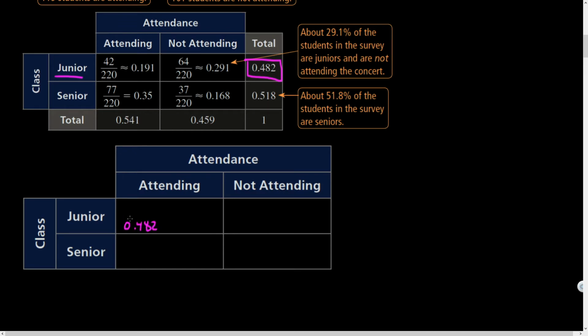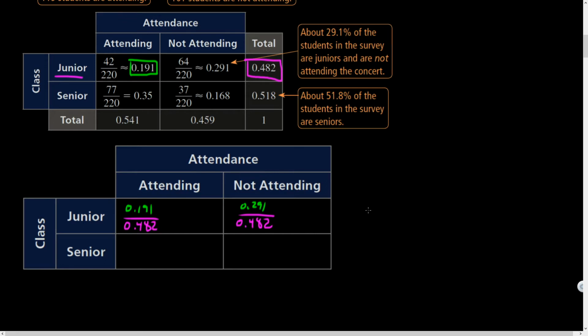And so as a result, the denominators for my top row are going to be 0.482, and the numerators for the top row will be the joint relative frequency for that given cell. So 0.191, and here it would be 0.291.